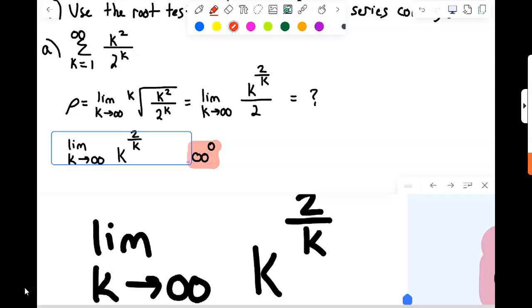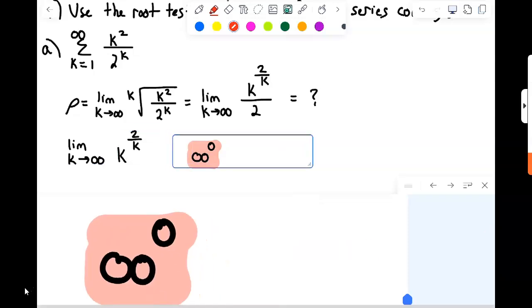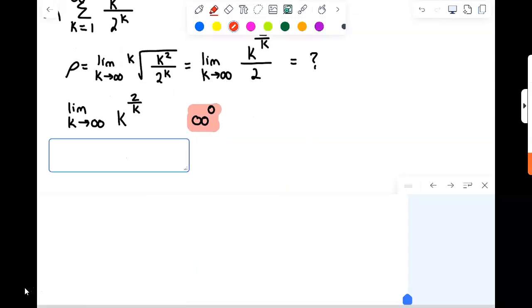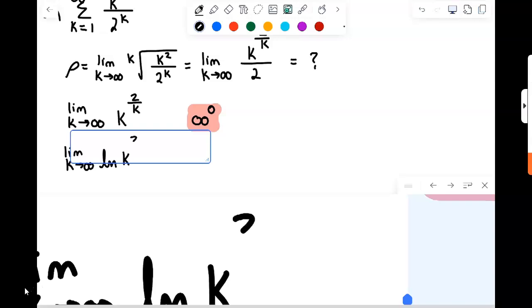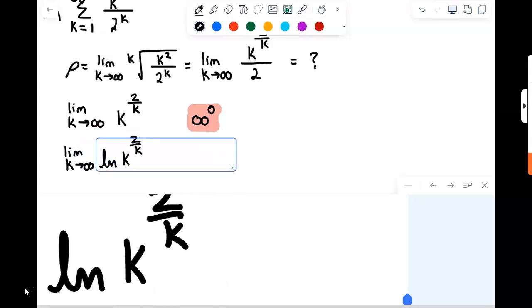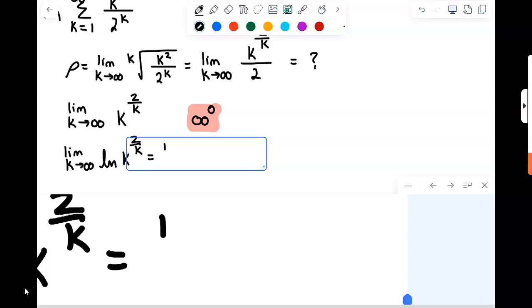So remember, when we compute a limit of the form infinity to the 0, or 1 to the infinity, or 0 to the 0, the exponential ones, what we do is take the limit of the ln of that stuff. The limit as k goes to infinity of the ln of k to the 2 over k. Then using our properties of logarithms, we can bring that 2 over k out.